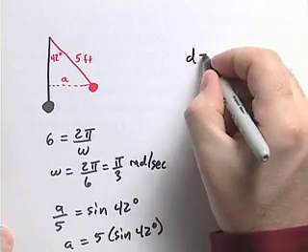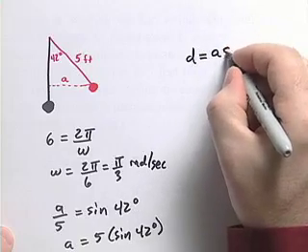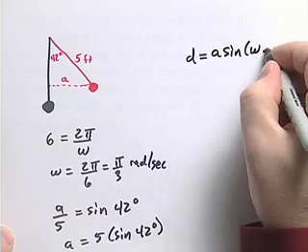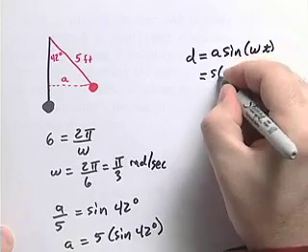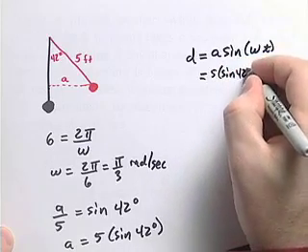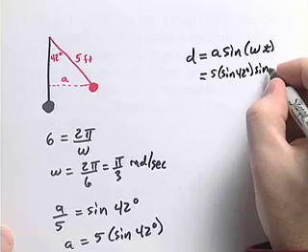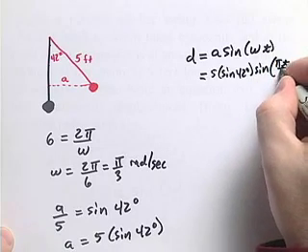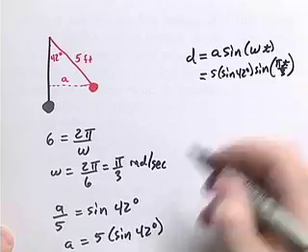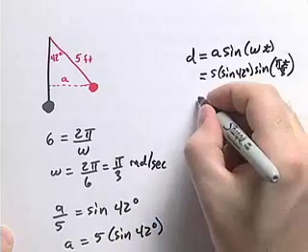Remember we said that our equation would be d is equal to A times the sine of omega t. We're going to have 5 times the sine of 42 degrees times the sine of pi t over 3. Pi over 3 was omega.